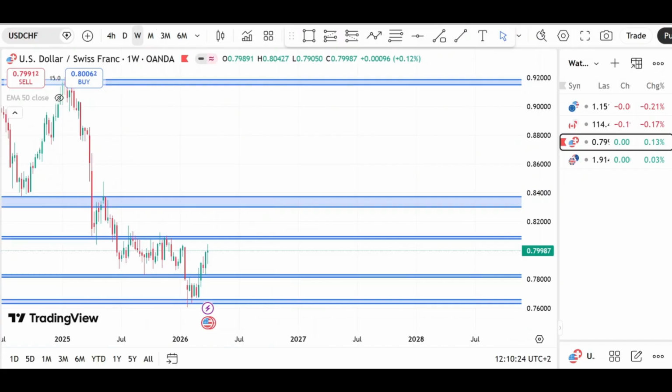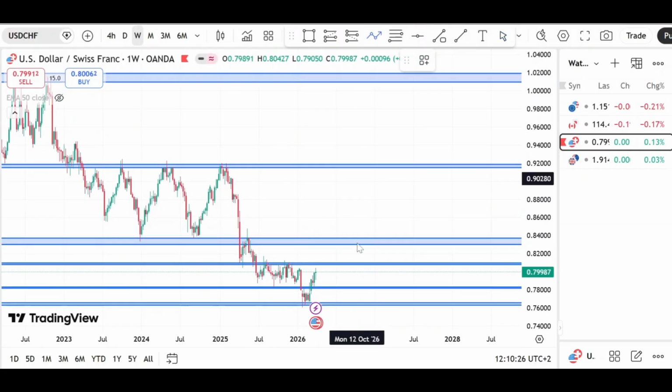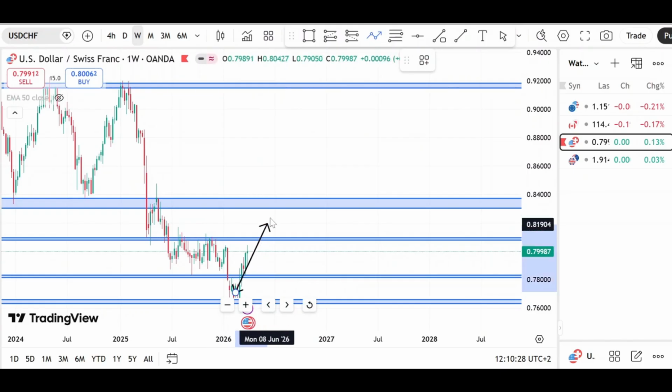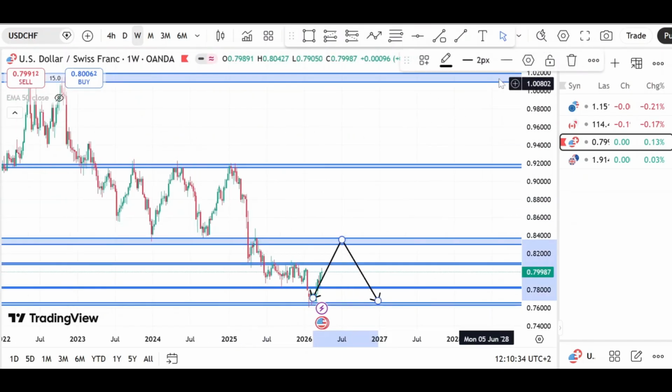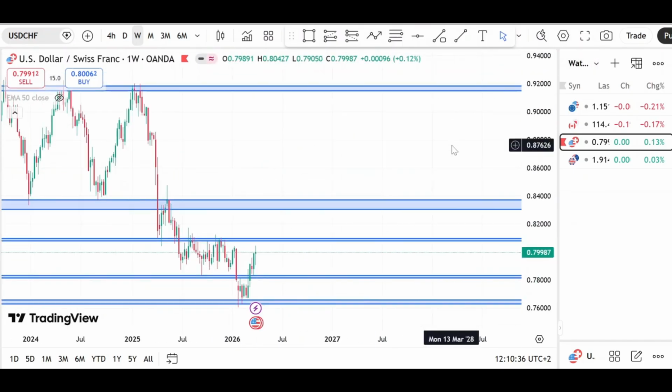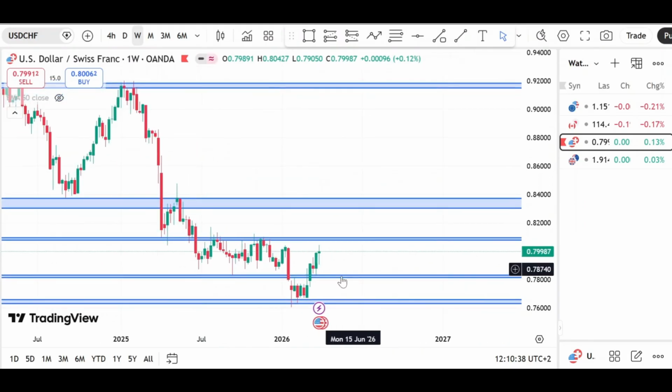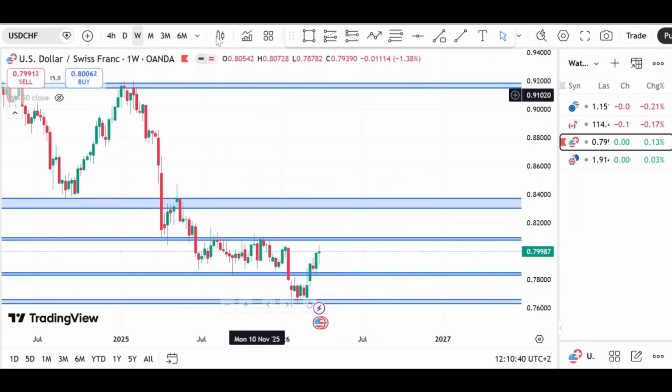That's what I was saying. We expected that the retest is going to happen in this zone, creating a lower high before looking for a sell. So already the price managed to break the weekly structure.